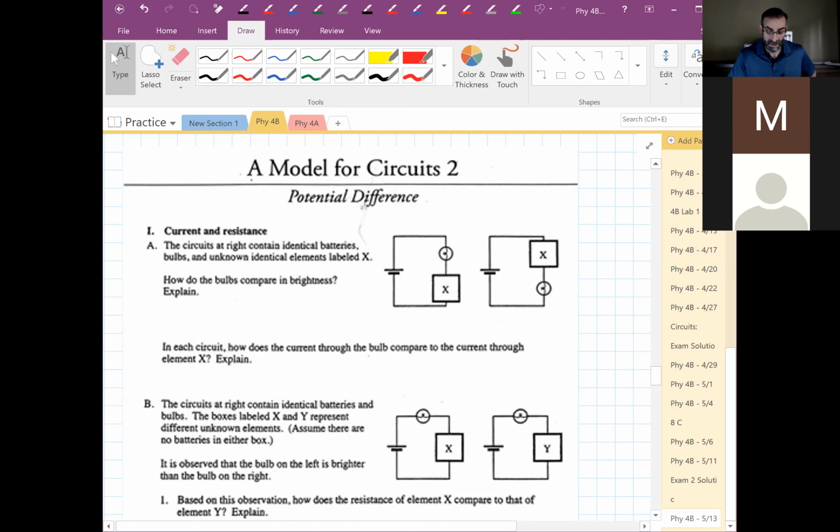How does the current compare in each case? Yeah, what do you think? Same brightness?